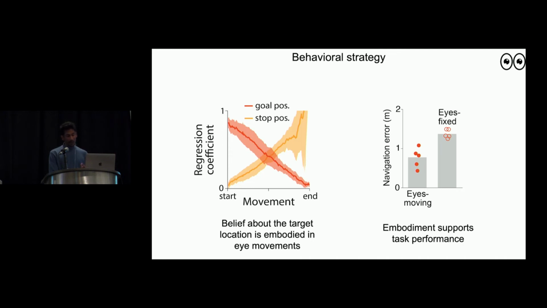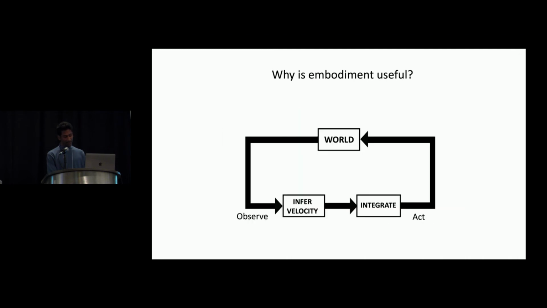Now, before we are able to model this phenomenon, there's one question that we need to ask ourselves, which is why might embodiment be useful in this sort of task? To answer this, we can think about what kinds of computations the animal needs to perform to solve the task. First, it needs to infer velocity from the pattern of optic flow.